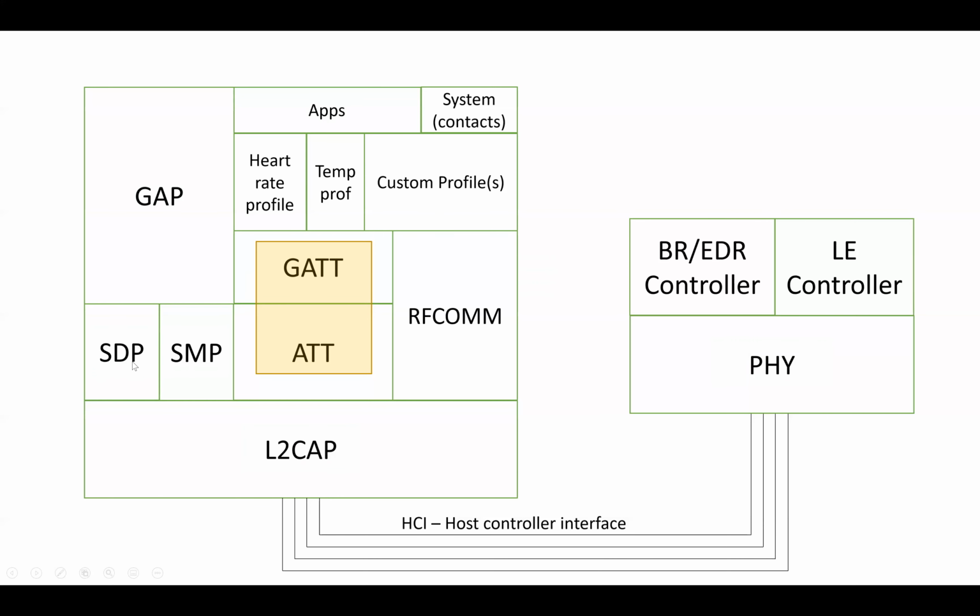Generally in SDP, you will specify that you support one or more custom profiles, and those custom profiles are written on top of GATT, ATT, and then RFCOMM. There are also lots of profiles written by the Bluetooth Special Interest Group, the people who own the spec. But all that SDP will say is, hey, I support this custom protocol, and then it's up to the two devices to separately implement the custom spec.